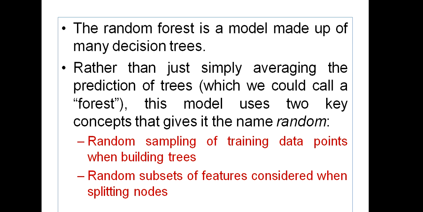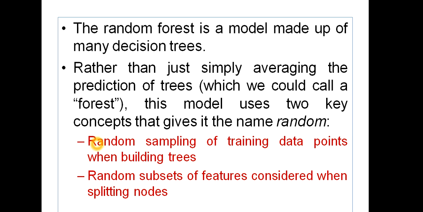Now, rather than just simply averaging the prediction of trees, which we could call a forest, this model uses two key concepts that give it the name random. Why is this known as random forest? Because it is using two main concepts: random sampling of training data points when building trees, and random subsets of features considered when splitting the nodes.